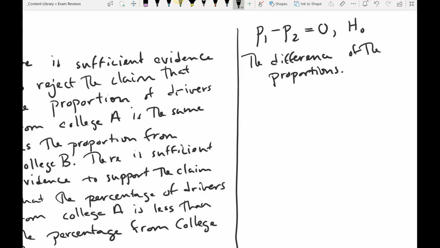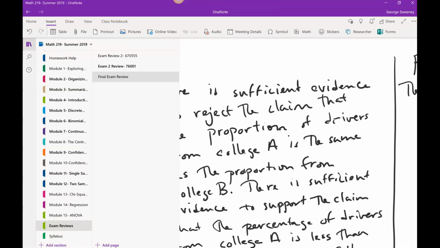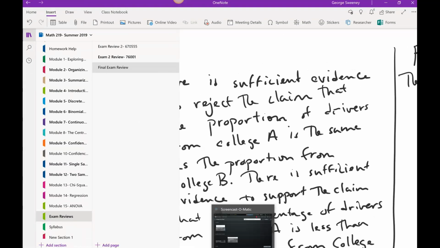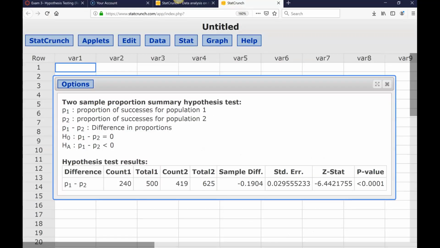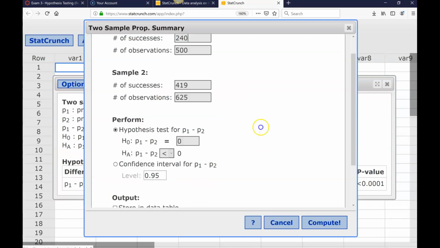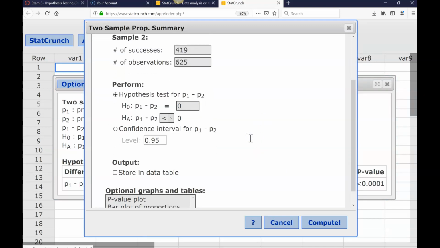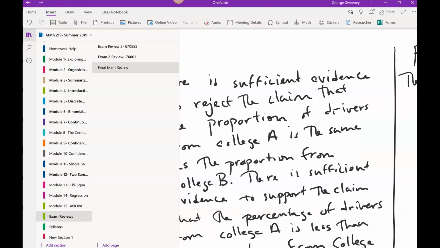So, what I want to know when I can create this interval is, what's the estimate for the difference of the proportions? Okay? And I'm going to use my technology in order to do that as well. All right. So I go to here, the StatCrunch. I choose my options. I'm going to edit. And now what I'm going to choose is I forgot what size interval I need.